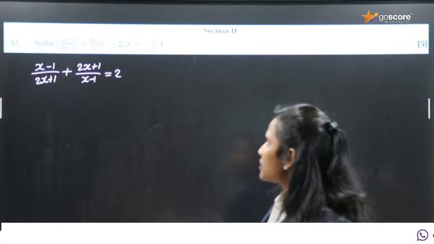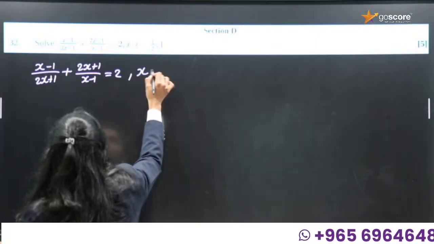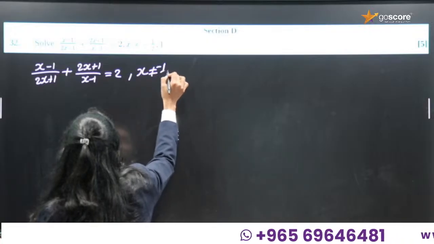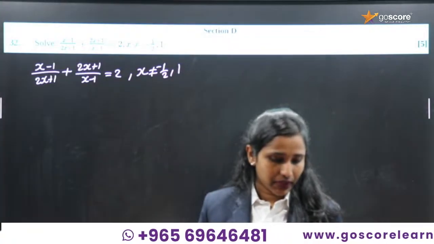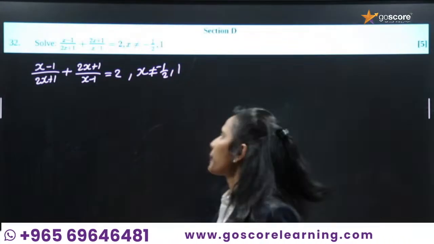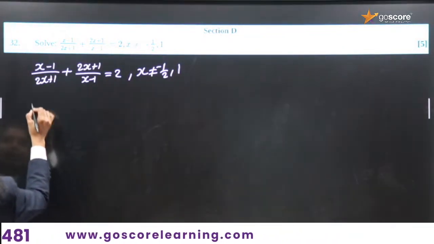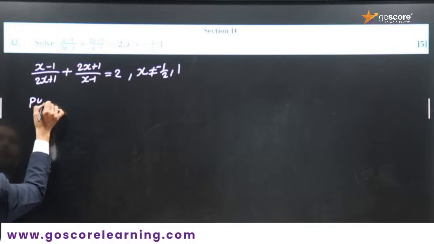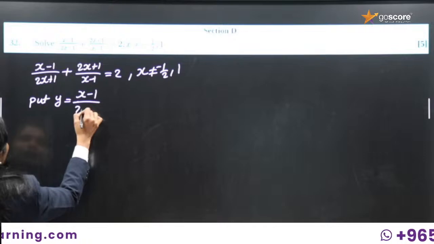Okay, so I wrote it again. I'll write the question: x not equal to minus 1 by 2, comma 1. Now I'm going to put y equal to (x minus 1) by (2x plus 1).